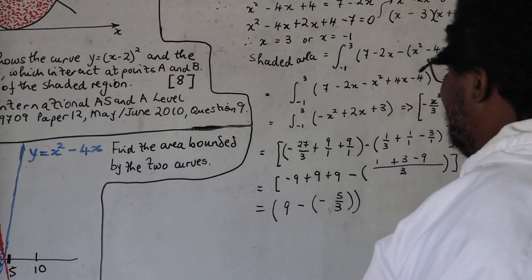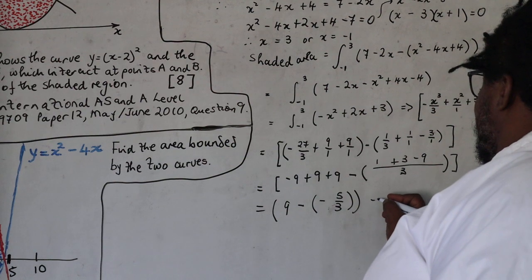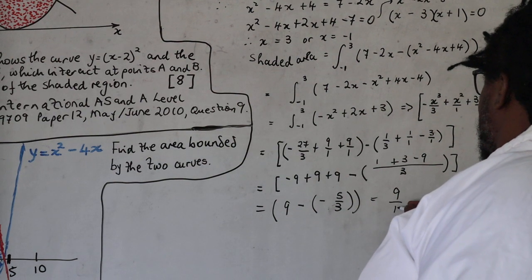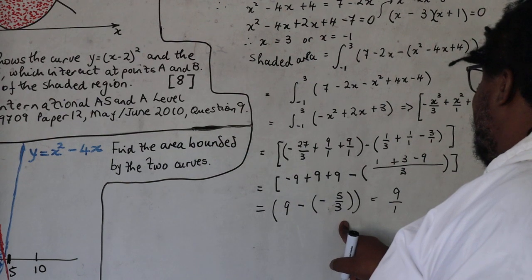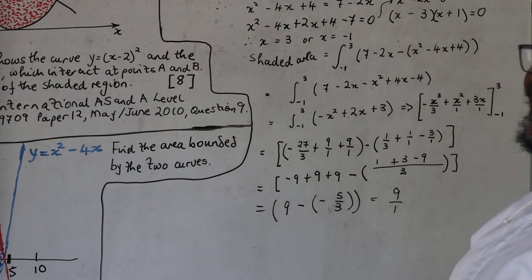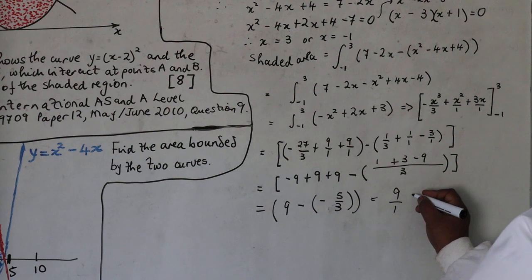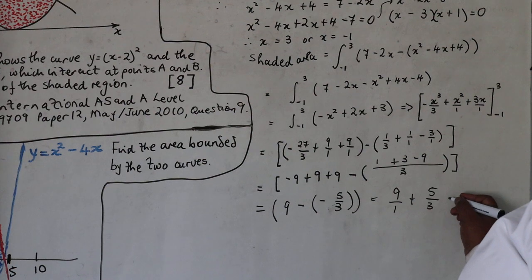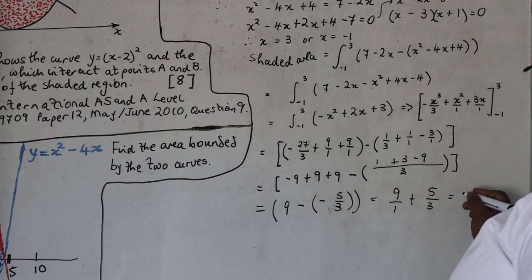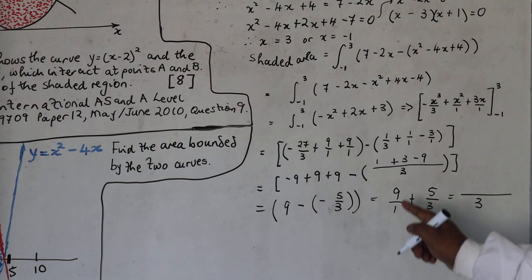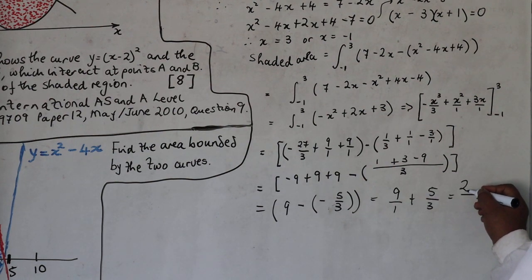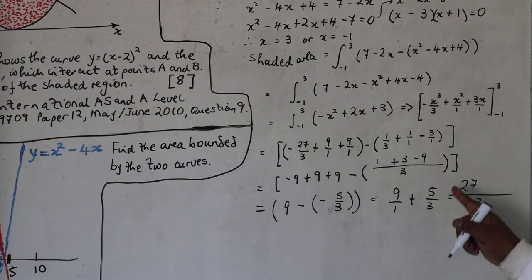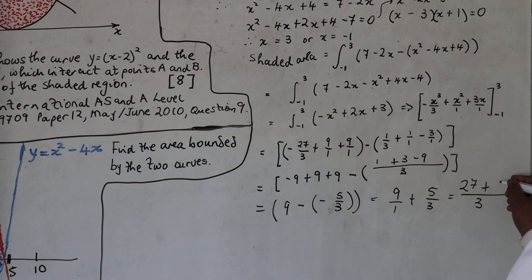Bracket and close bracket. And this is equal to 9 over 1. You open up the inside brackets, a minus and a minus gives you a plus. So we have plus 5 over 3. And our common denominator is 3. 1 into 3 is 3 times 9 gives you 27. 3 into 3 is 1 times 5 gives you 5, and 27 plus 5 gives you 32.